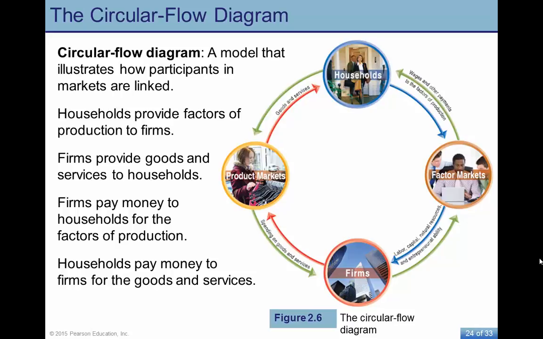In return, firms pay money to households for the factors of production, and households pay money to firms for goods and services. Look at my cursor.